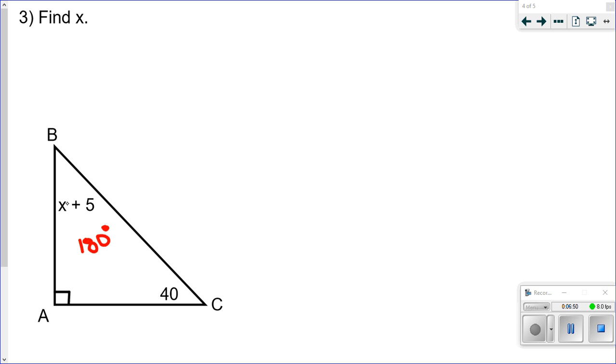So all I'm going to do is write an equation saying this angle plus this angle plus this angle equals 180 degrees. So I have the 90-degree angle. Biggest mistake I see from my students is they forget this angle right here. Plus the 40-degree angle plus the x plus 5 equals 180.